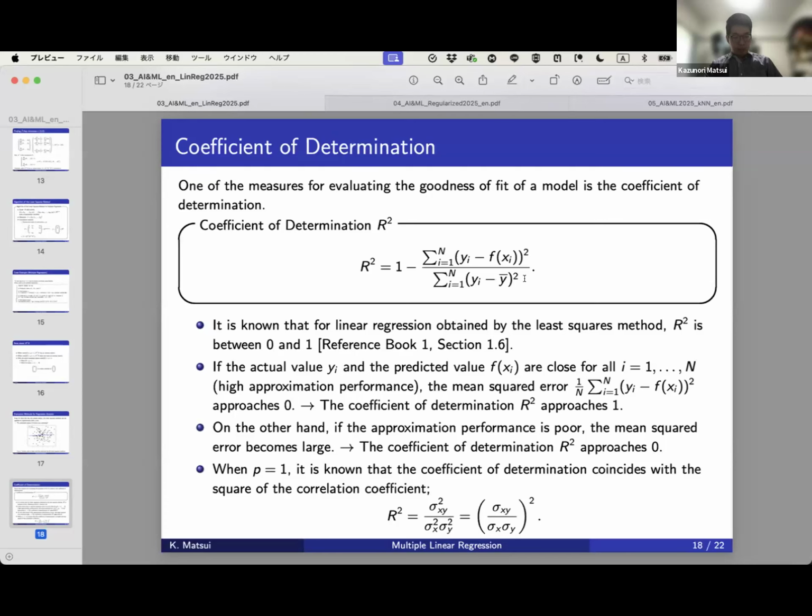It takes a value between 0 and 1. A coefficient of determination close to 1 indicates the actual values and the predicted values are close, showing high approximation performance. A coefficient close to 0 indicates poor approximation performance.